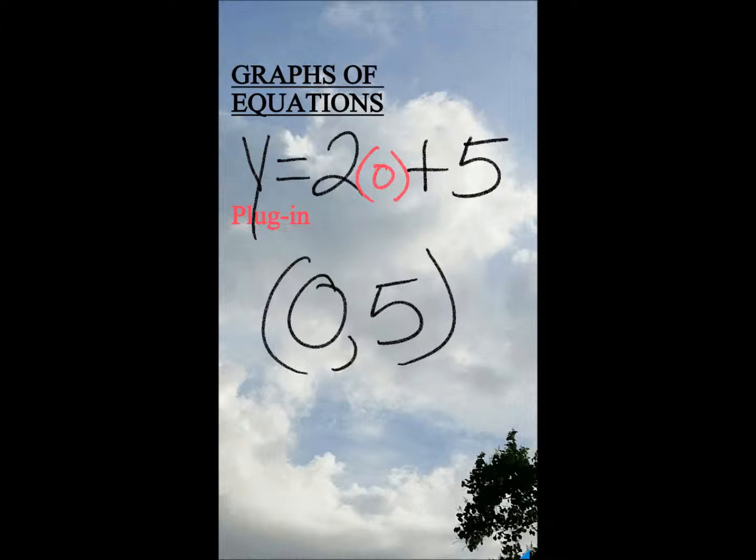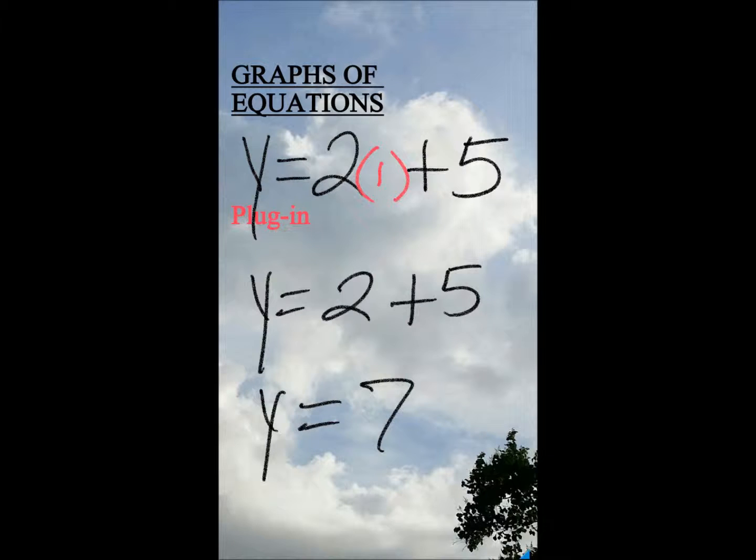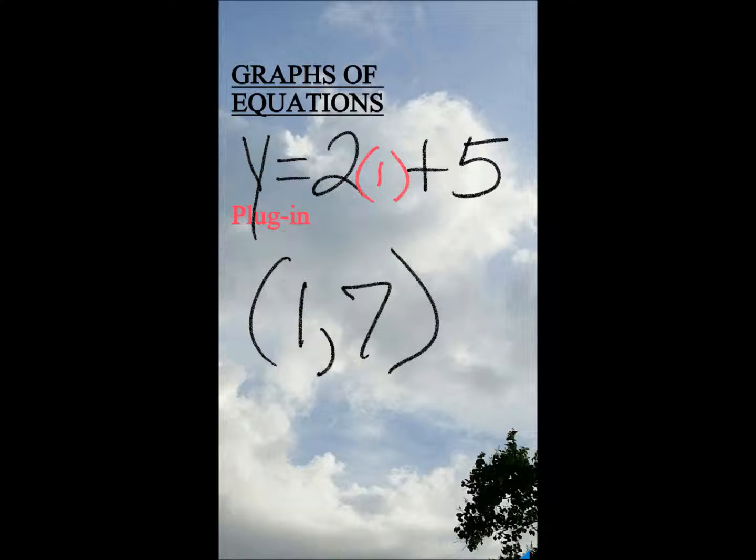X equals 0, y equals 5. Now we'll use 1. 2 times 1 plus 5, y equals 2 plus 5, so y equals 7. The point is 1 and 7. X equals 1, y equals 7.